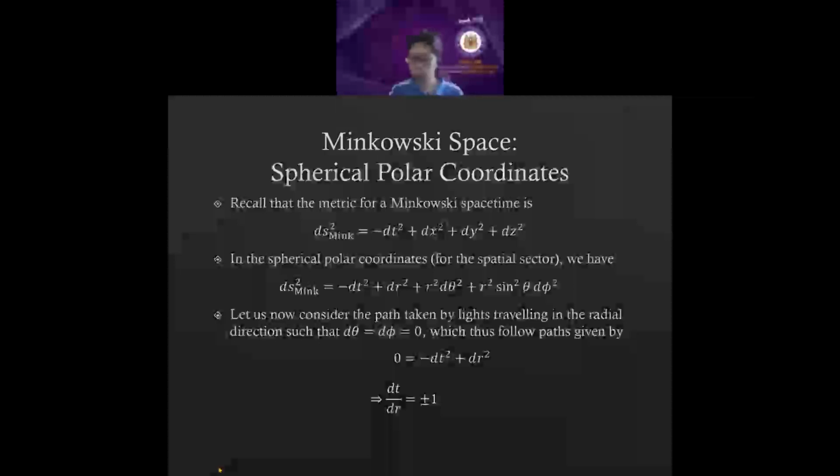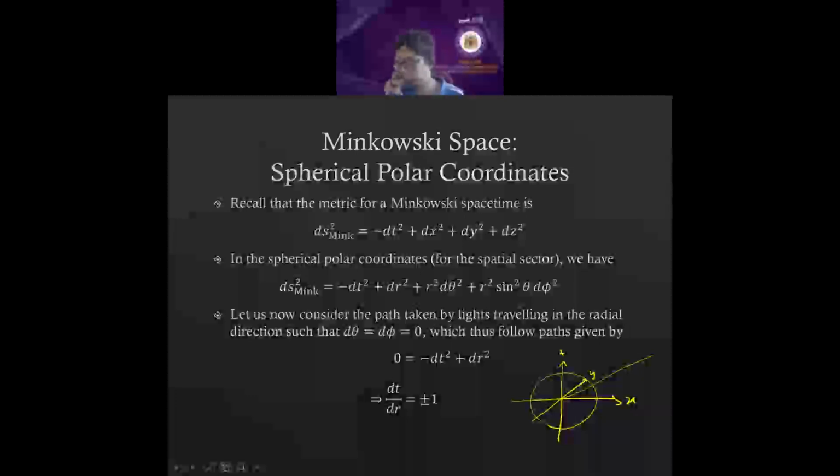So if you imagine, this is z, this is y, this is x, and this is a sphere. You can imagine that we are considering light that is traveling just in this direction, for example, along the radial direction, without changing the angles.